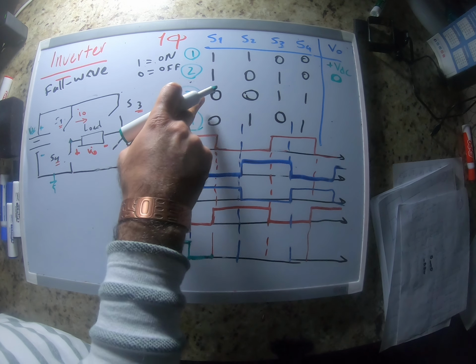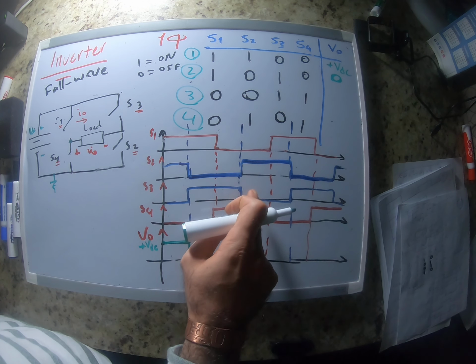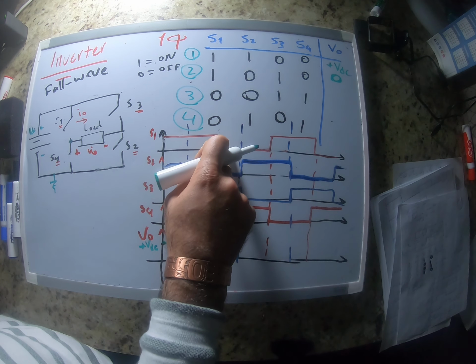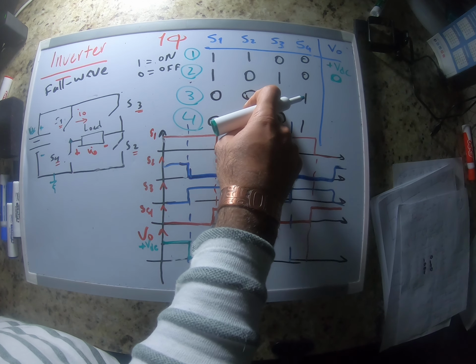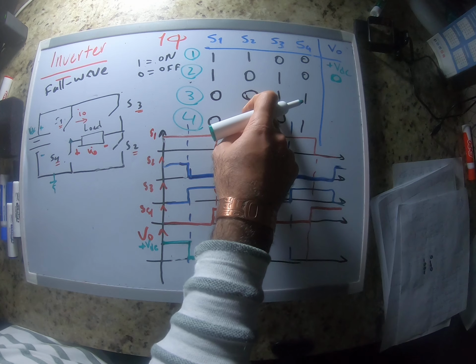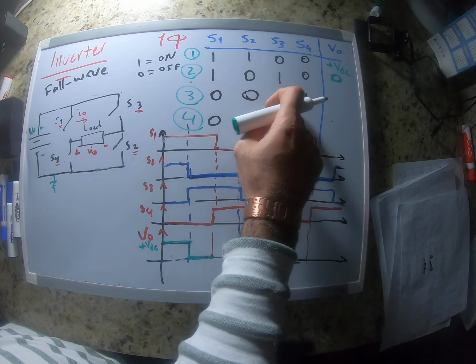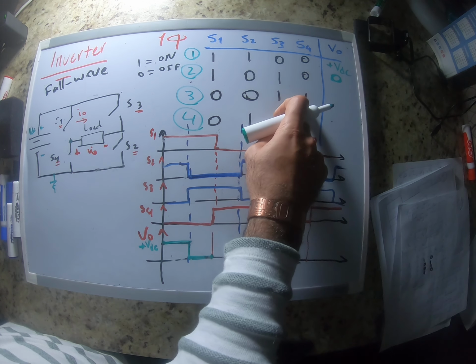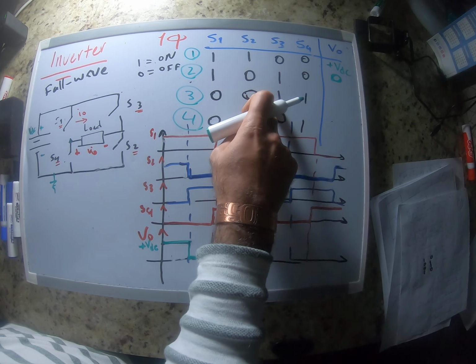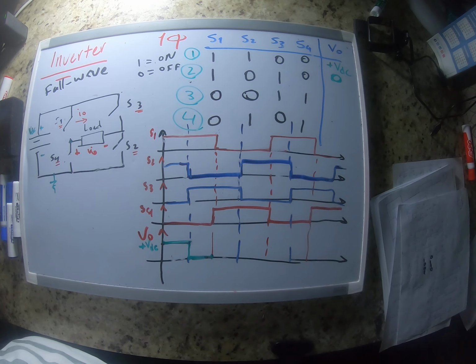In state 3, now S1 is off, but we still have S3 on, right? Because S1 is off, S4 turns on, and S3 and S4 are on at the same time.